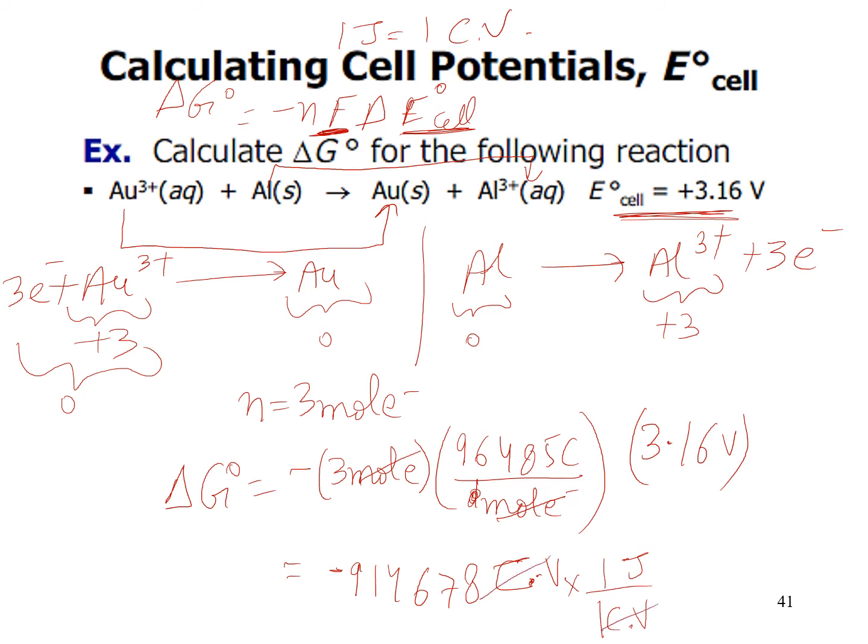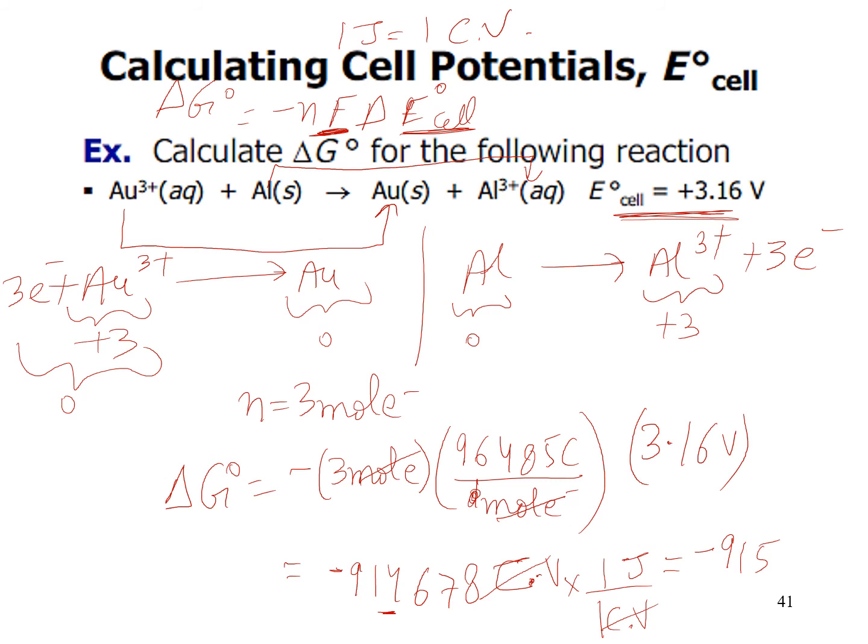Now if we are going by the right number of sig figs, what is the number of sig figs given to us in the question? 1, 2 and 3. This is an exact number, so we don't care about sig figs from here. This is 3, so I have to end my answer right here, which means it's going to be negative 915.